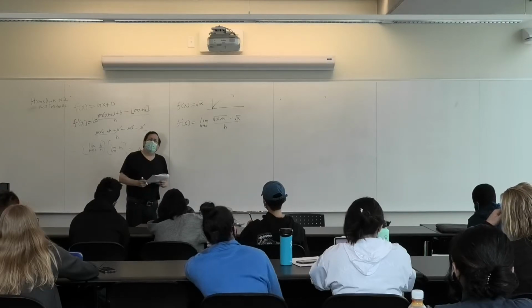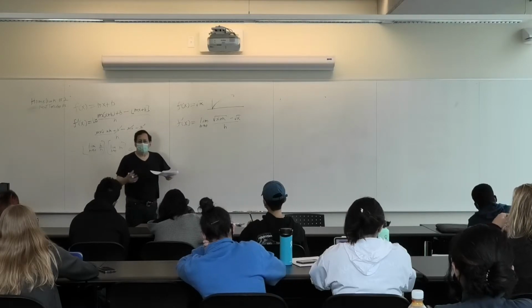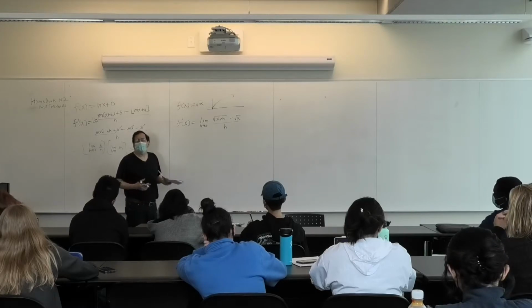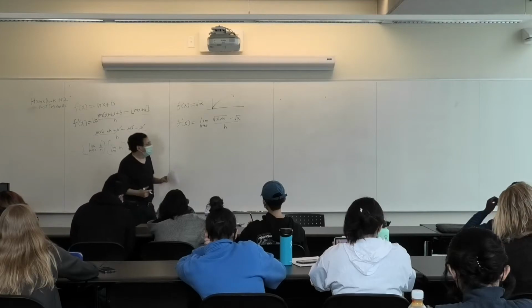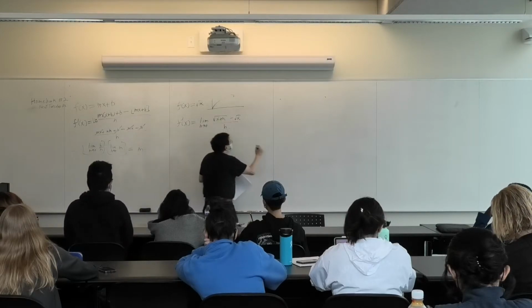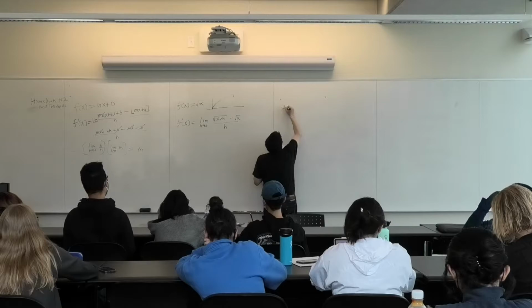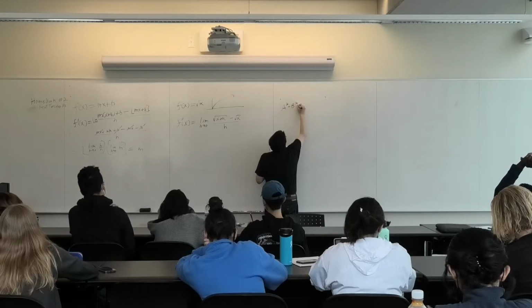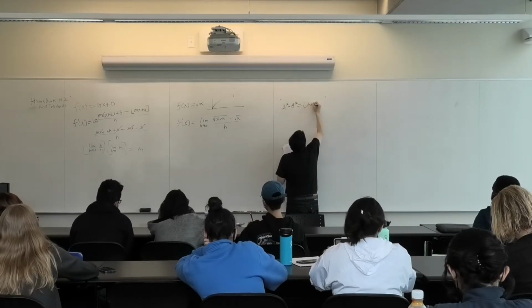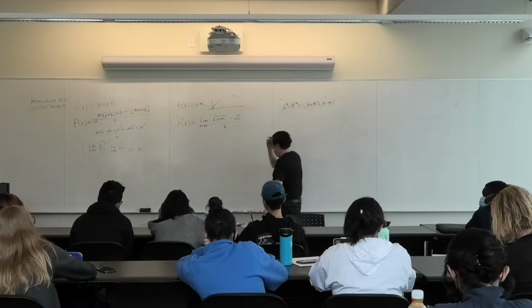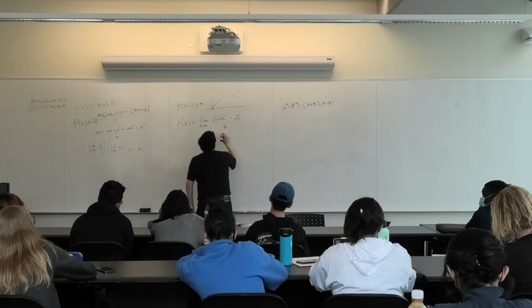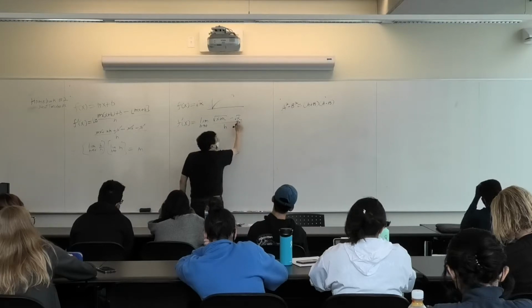So if you've been playing around with algebra enough, you might have a knee-jerk reaction here. That'd be a good one. Think of that pattern: a squared minus b squared equals a plus b times a minus b. And think to yourself, well, this is the a and this is the b.